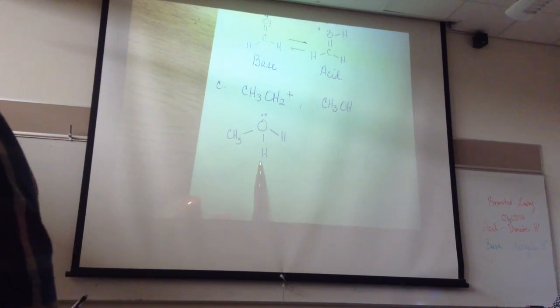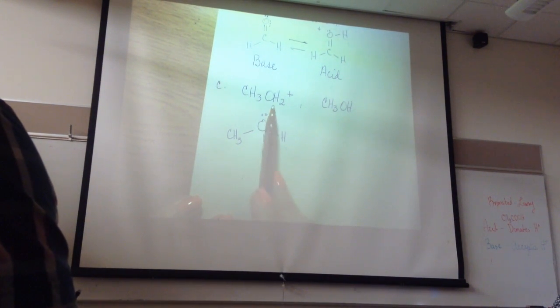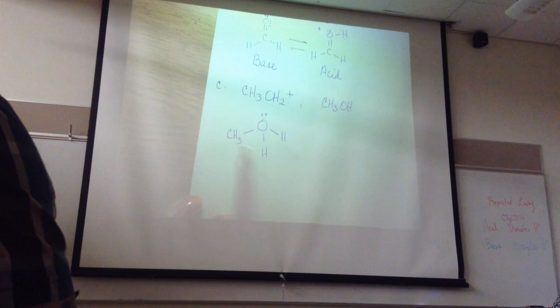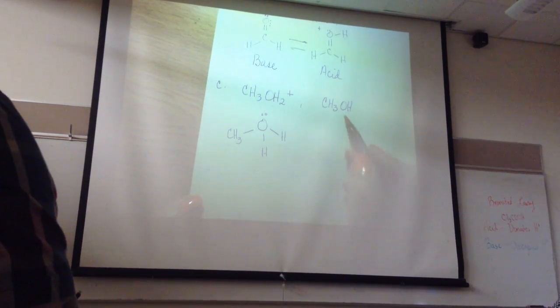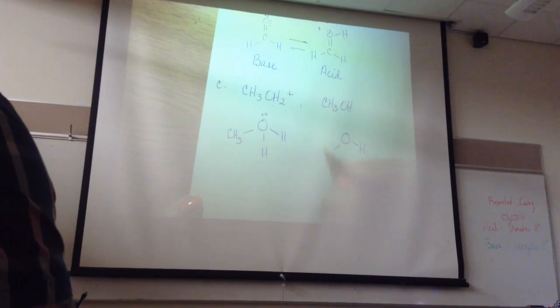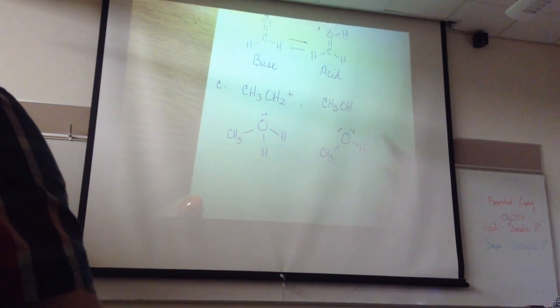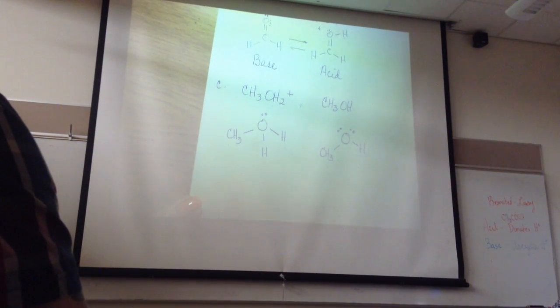So that oxygen has one hydrogen, two hydrogens, and the CH3. And then over here, this one has the oxygen with a hydrogen, with a CH3, and the two lone pairs. So it is the oxygen here that has the +1 charge.